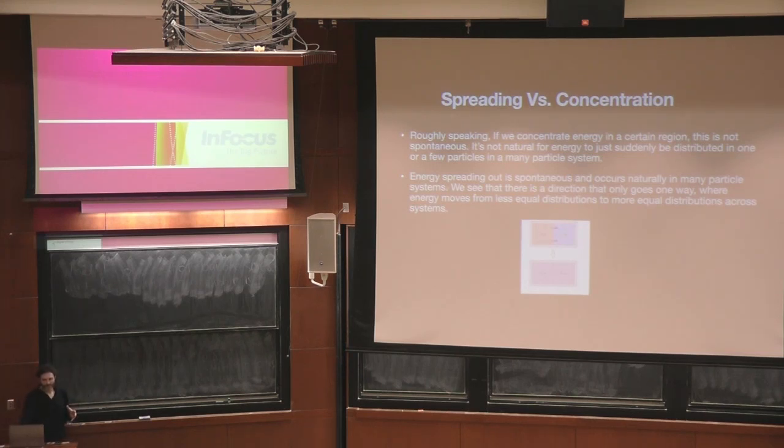It's this energy spreading out as a spontaneous process that follows from energy conservation and conservation of momentum, things that are more fundamental. But what's interesting is that it does give us a nature of irreversibility, where we have things proceeding in one direction but not the other.